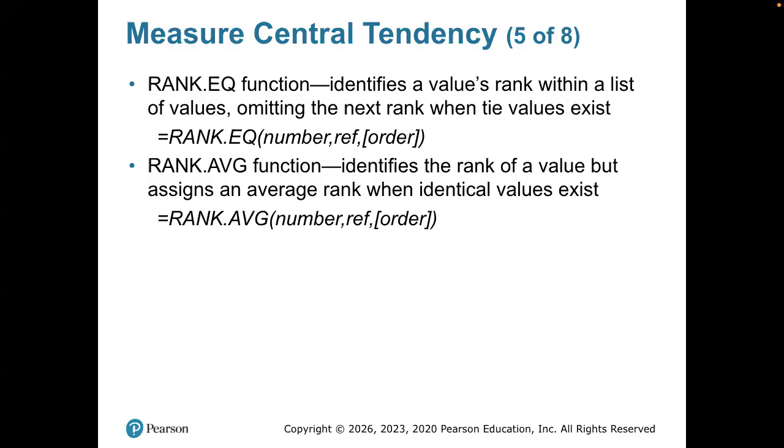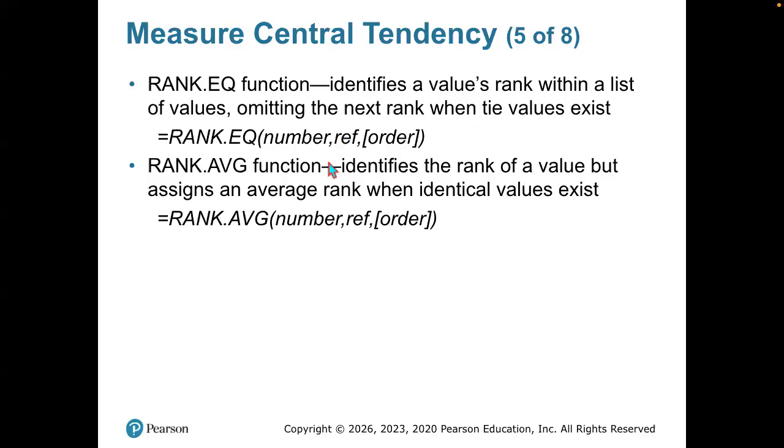So if I had 5 people that I was ranking, and 2 people got the top score, 2 people are going to have the 1 next to their name, but there's not going to be a 2. So it's going to go 1, 1, 3, 4, 5. It's skipping the next rank because there is no 2. We just have a tie going on, and 2 values are going to have the 1 spot.